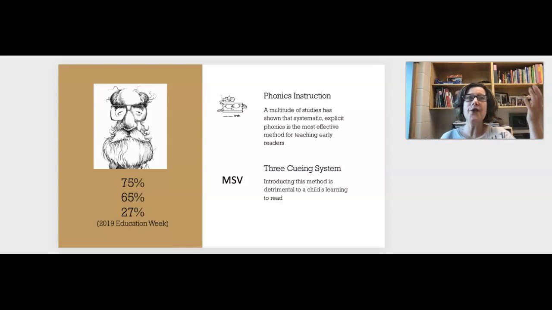It's a fair thing that they're teaching that because this is being handed down. All these resources are coming to them. All this money is being spent. But we have to ask, is this actually the best way to teach reading? And if it's not, you have to say, no, this is not the best way to teach reading.